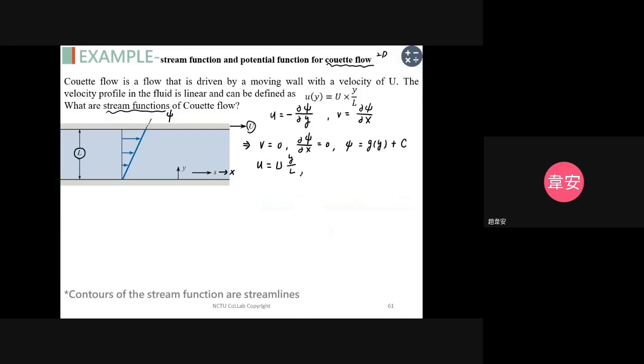Okay, and the following is the definition of the stream function.